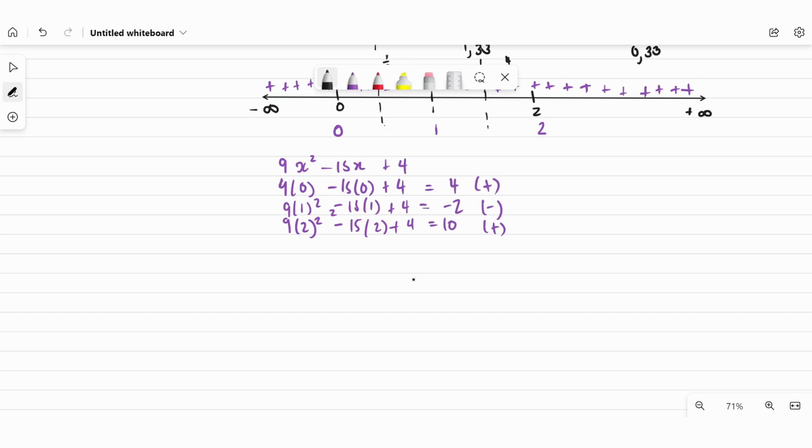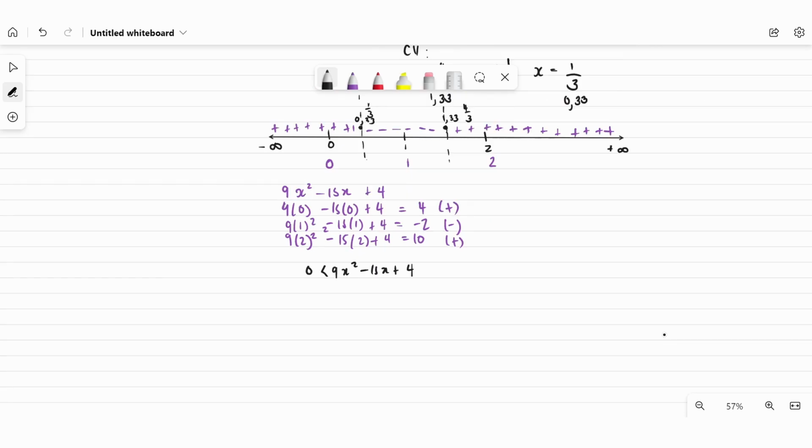So now we know that our inequality, when we manipulated and took everything to one side, was 0 is less than 9x squared minus 15x plus 4, right? So we need to check whether this inequality is positive or negative.